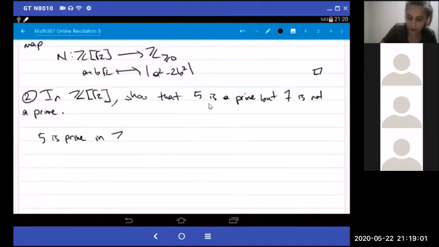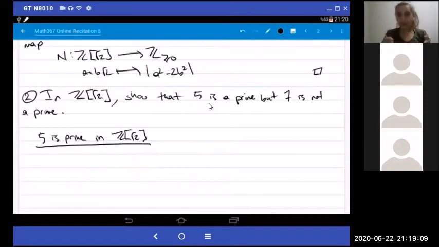prime in Z[√2]. What does prime mean? What does prime element mean? If an element divides a times b in the ring, then we are going to call that element a prime element if it divides either a or b. We are going to show this directly, just by applying some computation.